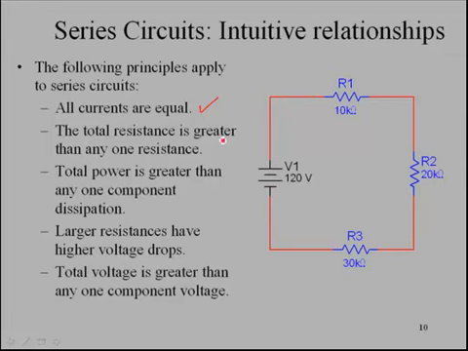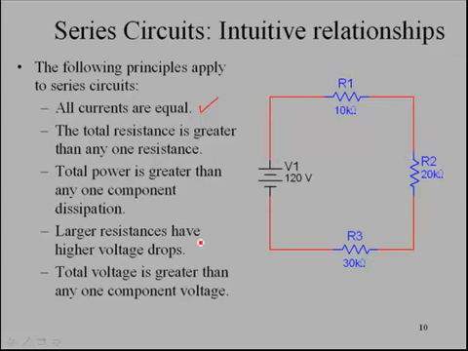The total resistance is greater than any one resistance. Maybe that's obvious, but the total resistance of all three components is going to be greater than any one resistance. Likewise, the total power is greater than any one component dissipation. So the total power dissipation of this circuit is going to be greater than any single component.